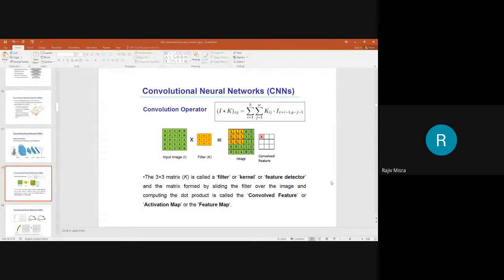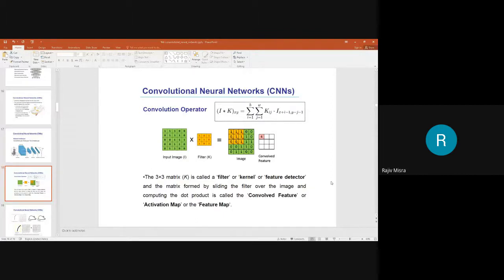The filter has 1 and the input image is 1, so 1 and 1 is 1, then 1 and 0 is 0, 1 and 1 is 1. So 2 ones are there, and then again 0 0 0, 1 and 1 is 1. The 3 ones are there. Then in the last row of the filter, you will find only 1 1. So 4 ones are there.